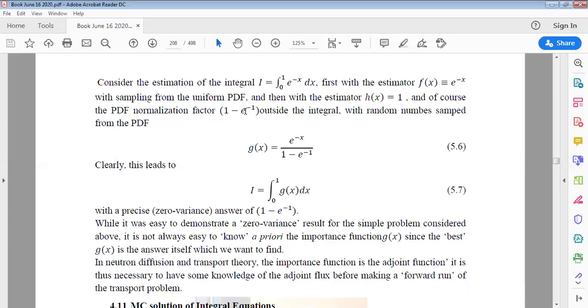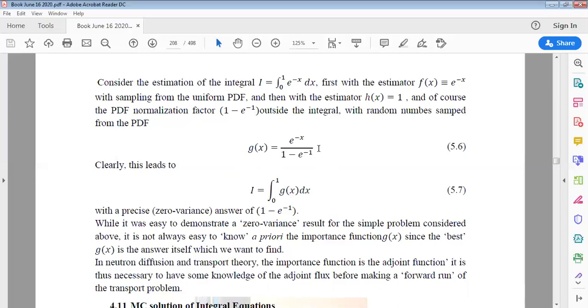Now let's pretend that we didn't know the answer. If you don't know the answer and this is the integral you want to do, let me use this function g as a PDF. Now do you agree, first of all, that this is a PDF? Do you agree that 5.6 is a PDF?